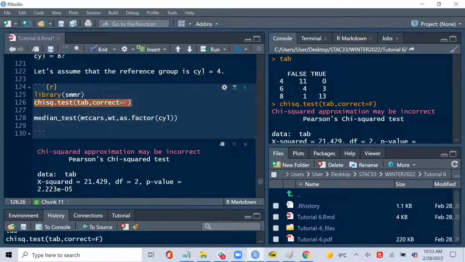But you can see here that if there's an observed count of 0, an observed count of 1, an observed count of 4 and 3, the expected counts will themselves be less than 5. That's why it's telling you that your approximation may be incorrect. It's saying you don't have a large enough sample size necessarily to get a good approximation of this test. Take your p-value with a grain of salt is what it's saying. You may not necessarily have a big enough sample size to make sense of your data.